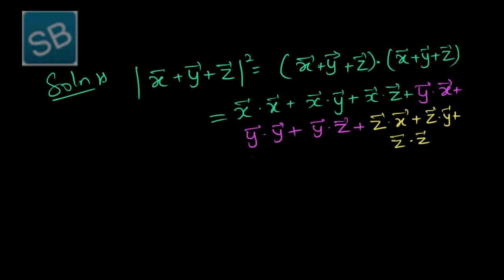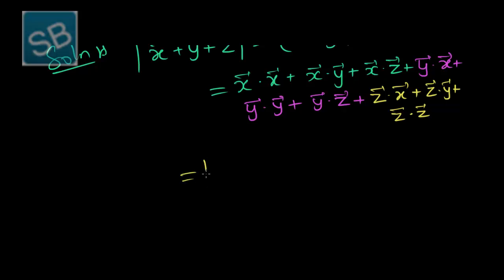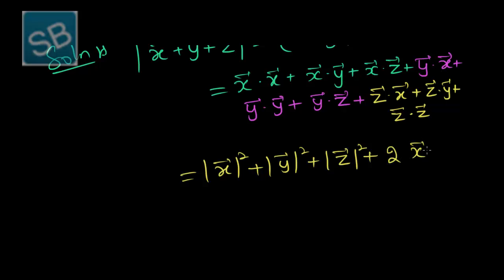Now as we have x dot x, that is modulus x square, y dot y, that is modulus y square, z dot z, that is modulus z square. And as we know that x dot y is equal to y dot x, so it becomes 2 times x dot y. Similarly, it becomes 2 times x dot z plus 2 times y dot z.